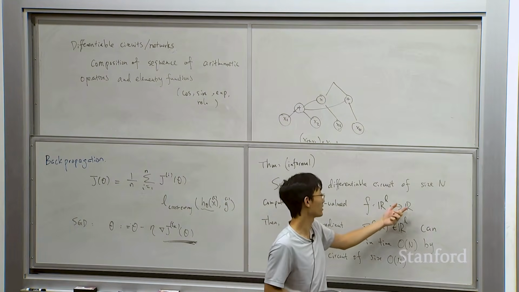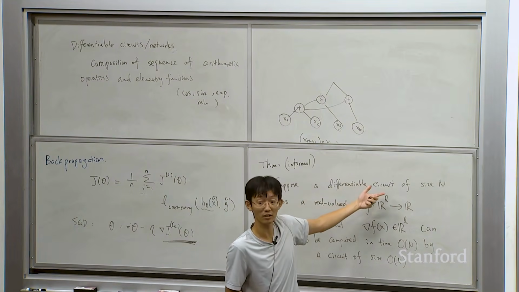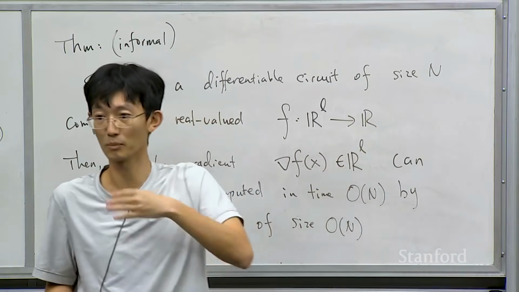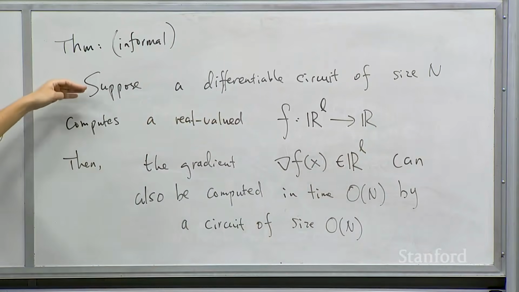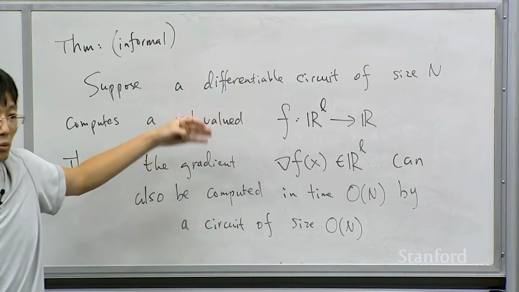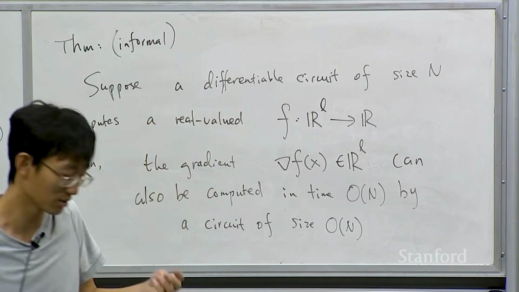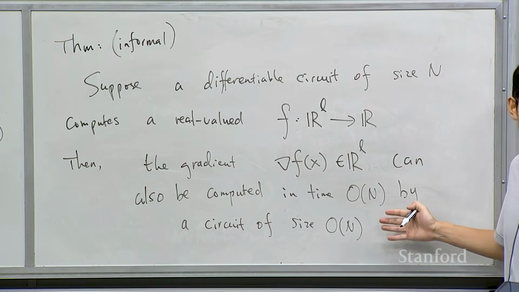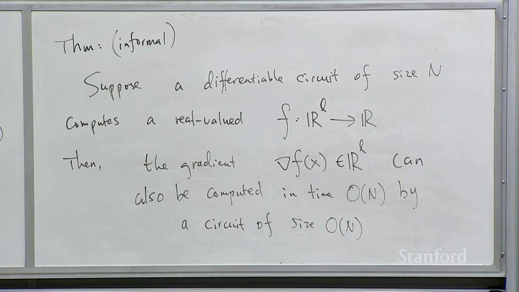That's why to compute the function, you just go through this circuit, and because the size is n, it takes O of n time. And I'm claiming that if you have such a circuit that computes the function f, then the gradient of this function can also be computed in similar time. And also the gradient itself is representable by a circuit, which is also an interesting fact.